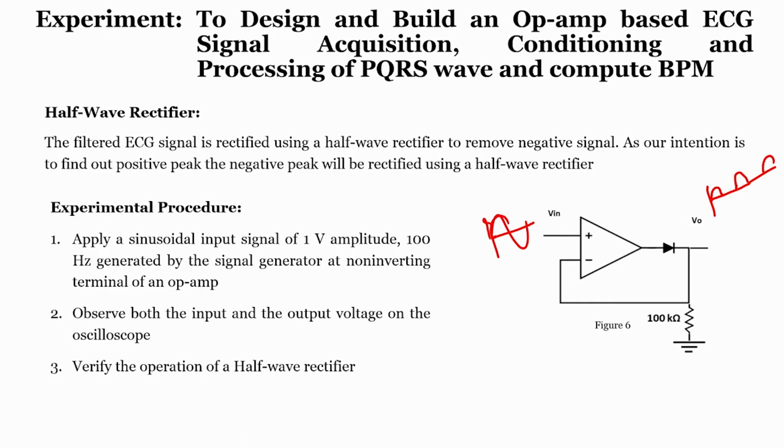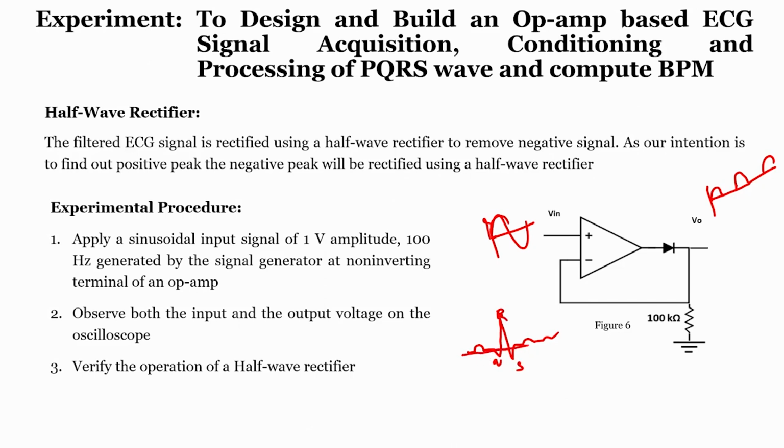Why do we have to go with this circuit? Because our ECG signal will look something like this. Since our interest is only this QRS peak, we do not have to consider the negative part, and this is nothing but our unwanted signal.